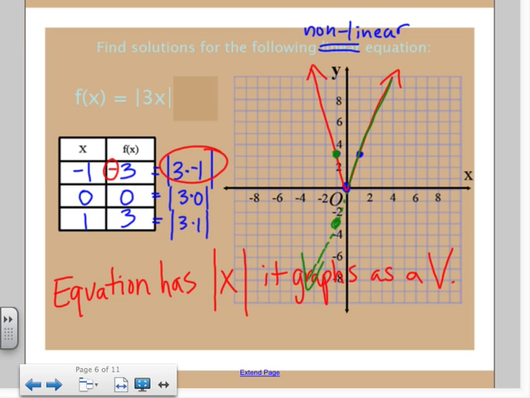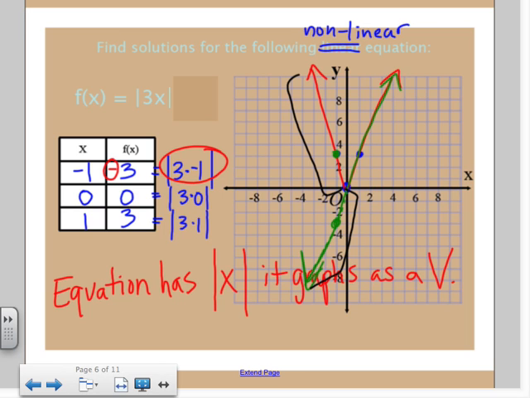It would have gone straight through like that. But as soon as you put the absolute value bars around it, you cannot have anything that's down in the negatives. Nothing down here, okay? You can't have anything down there because any negative becomes positive. So you notice what happens is this part of the line right here flips and becomes this part of the line up here. So that's what's happening with the absolute value.